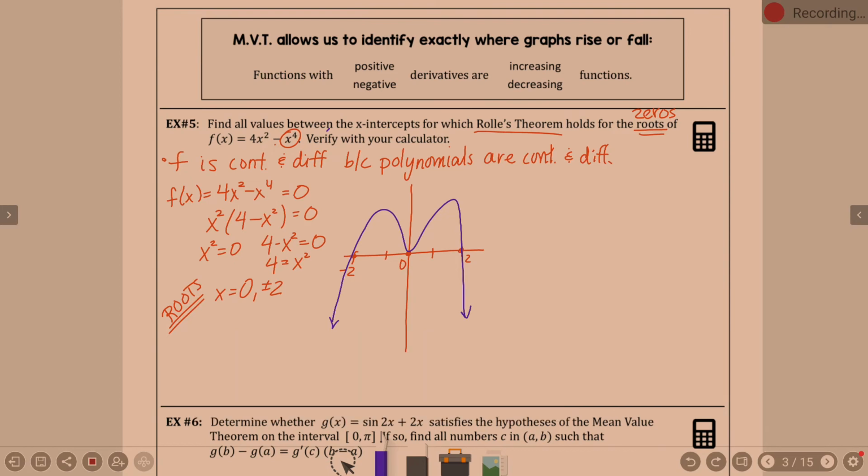Let's see. F of x is 4x squared minus x to the fourth. So f prime of x is 8x minus 4x cubed. Set it equal to 0.